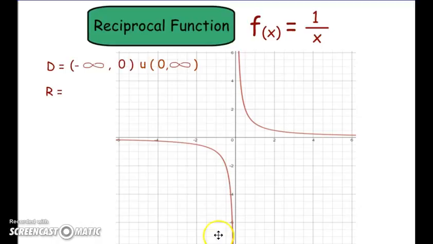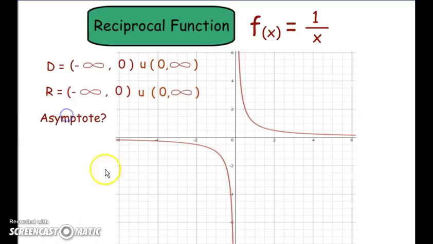The range, you can see from the graph, starts at negative infinity and goes to 0. But then there's trouble with 0 because the reciprocal function will never take that value. So we have to omit 0 from the range. So the range is the same. Are there any asymptotes in the reciprocal function?